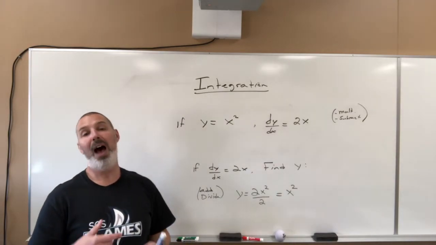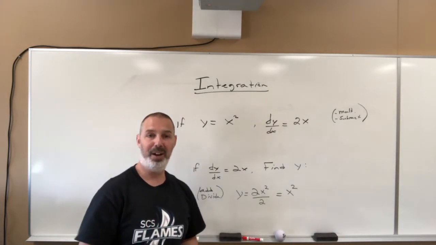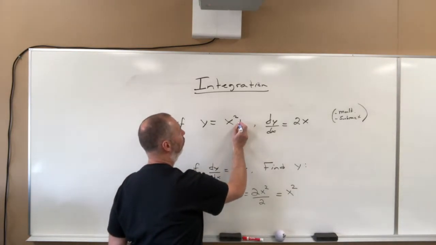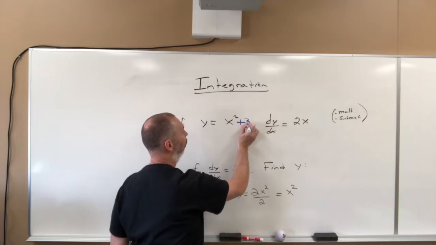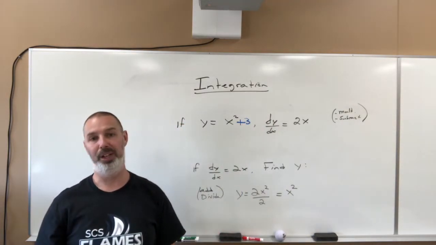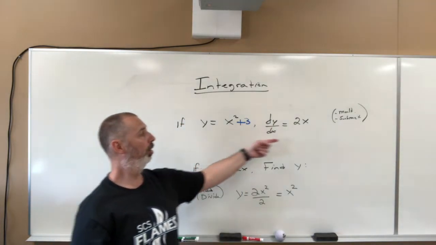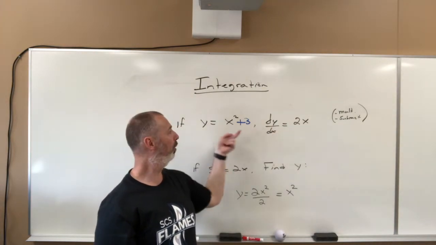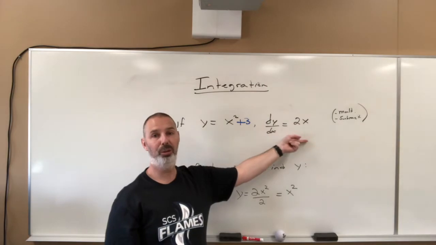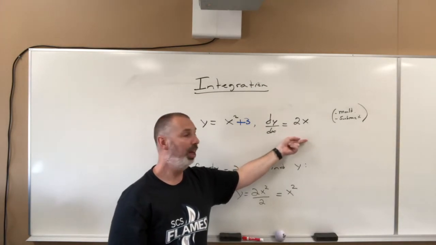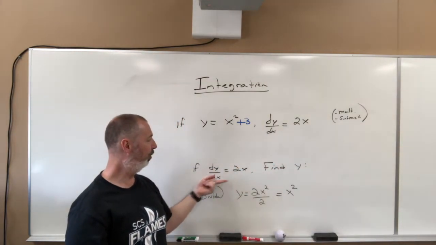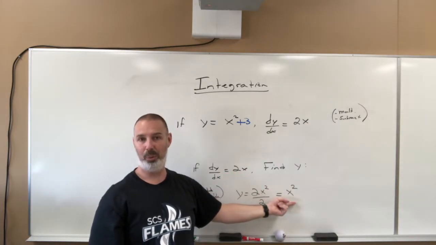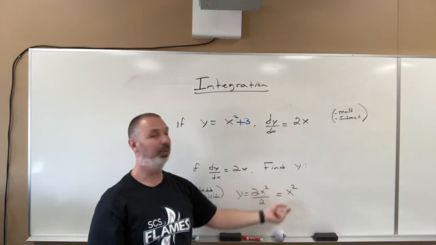Now, what we have to be aware of, especially with indefinite integration, is that if I put a number here, x squared plus 3, that does not change the derivative. The derivative of x squared plus 3 is still 2x. So when I do the antiderivative of 2x, I still get x squared, I don't get the plus 3.